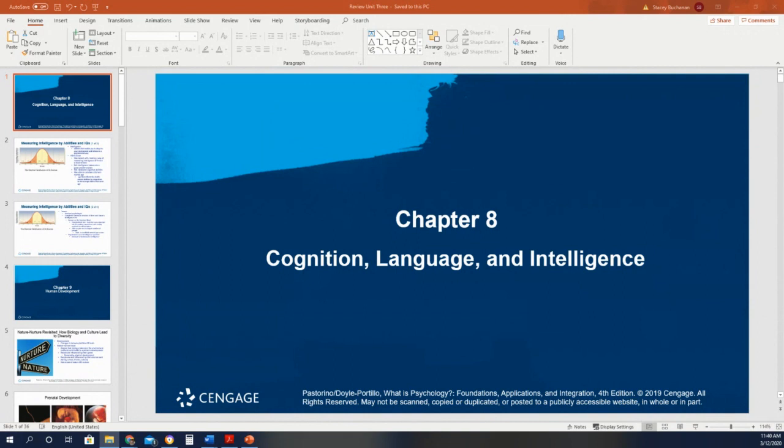I'm not going to go over every single detail throughout this chapter. I'm just going to hit on key points that I feel are either a little bit tricky or some of the more difficult aspects of the units.